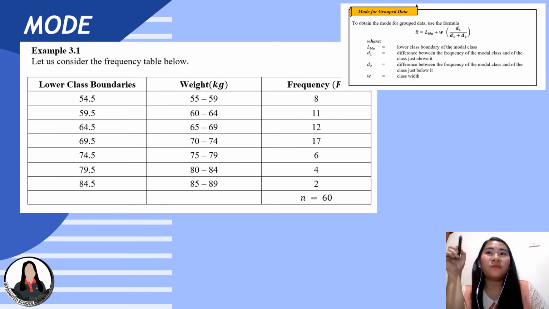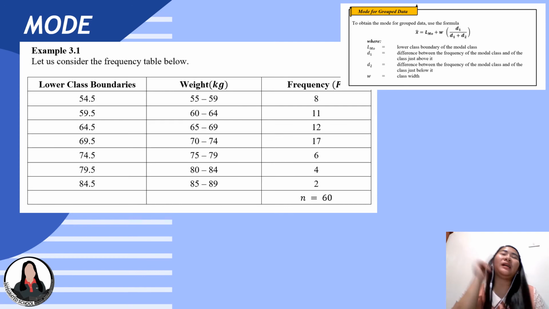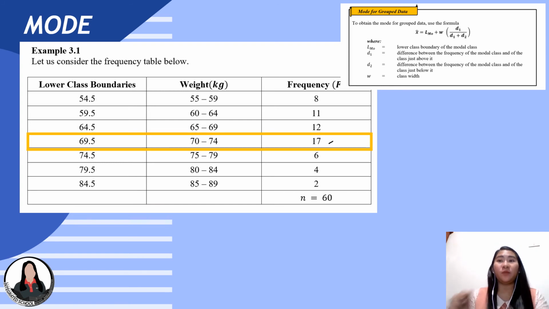So, for us to obtain the modal class, again, sabi natin, mode, ito yung may pinakamataas na frequency. Okay? So, hanapin nyo lang alin yung pinakamataas na frequency. And by this, kita naman natin, na 17 ang pinakamataas na frequency. So, therefore, yung interval kung nasaan yung 17, that is the modal class.